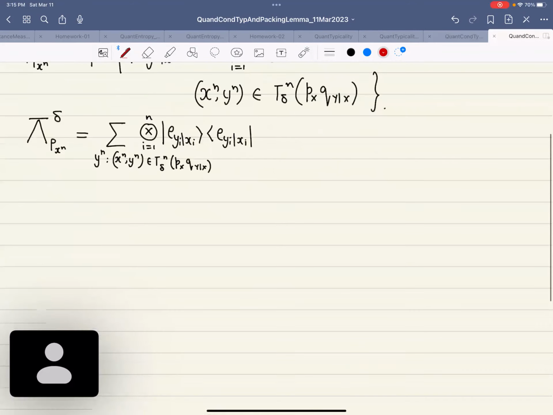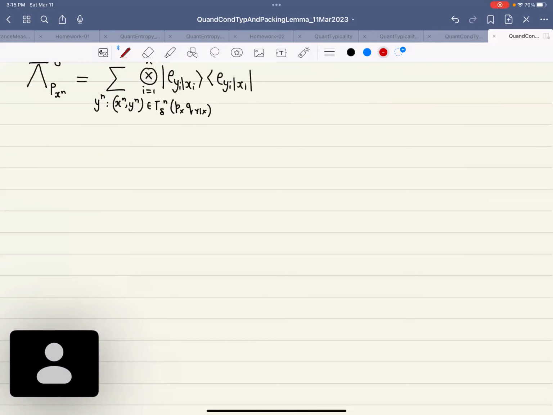See, what I wish to say is the following. Why did the 2 delta come? What was in my mind is the following. So I'll tell you the proposition and then it will make sense. So proposition. Suppose x^n belongs to T delta^n p x, the classical typicality.